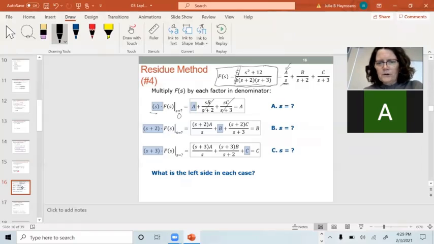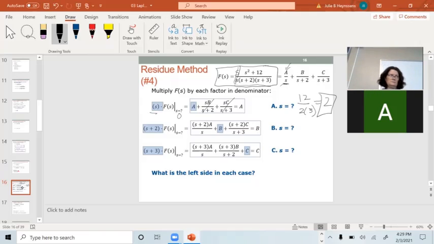So s equals 0, I get s squared plus 12 in the denominator. I get that the s in the bottom went away. 0 plus 2 is 2, times 0 plus 3 is 3. So I get 12 over 6 is 2. A is 2. I'm done. Almost. I've got to figure out the next 2 of these.